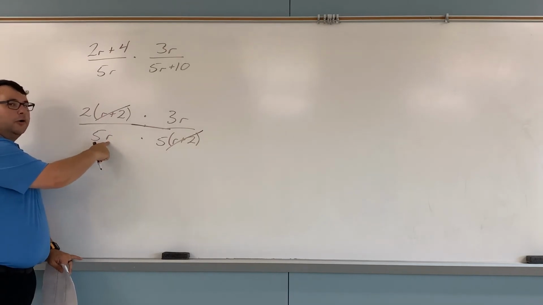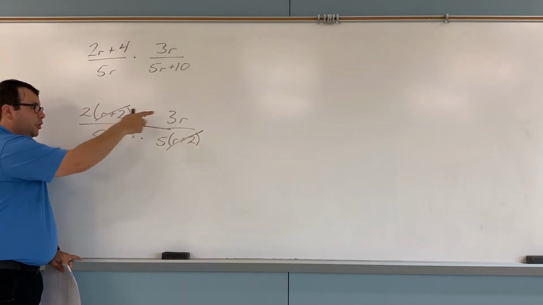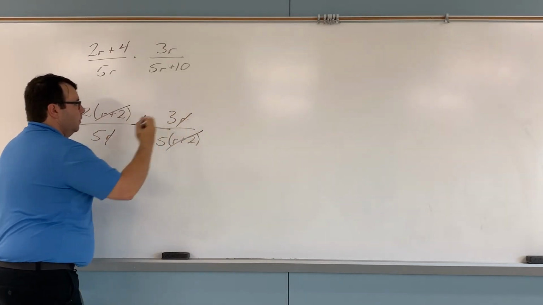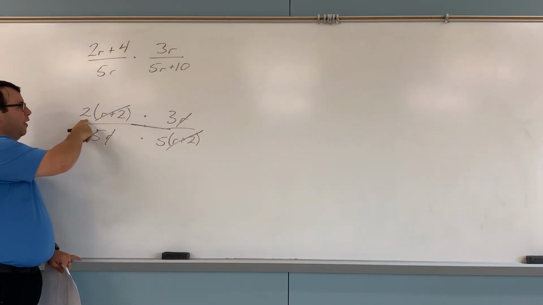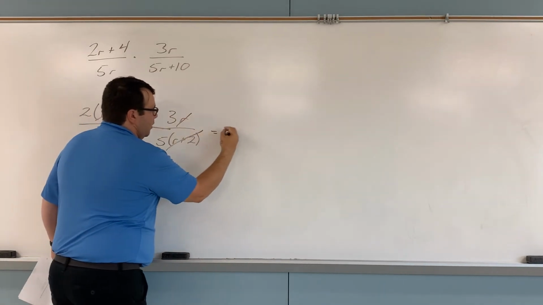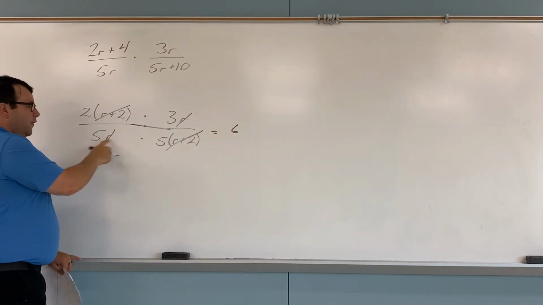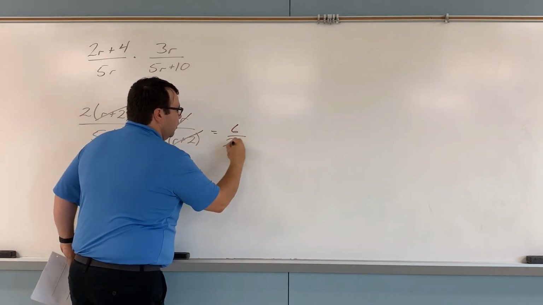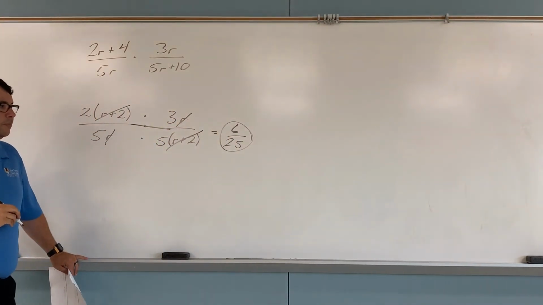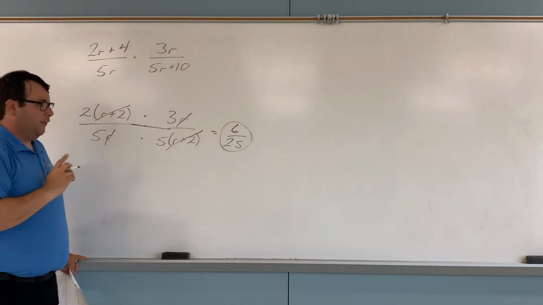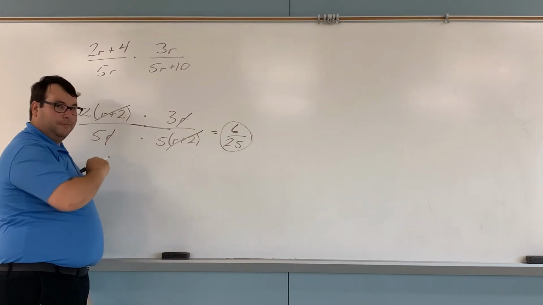What about this R? Sure. Anything else? Doesn't look like it. So I have 2 times 3, which is 6. 5 times 5, which is 25. And that's it. Nothing else can simplify there. If it could have simplified, we would have already done it.